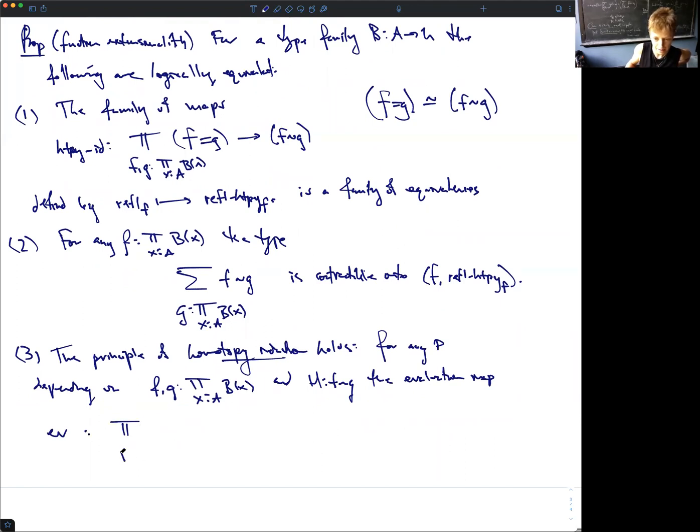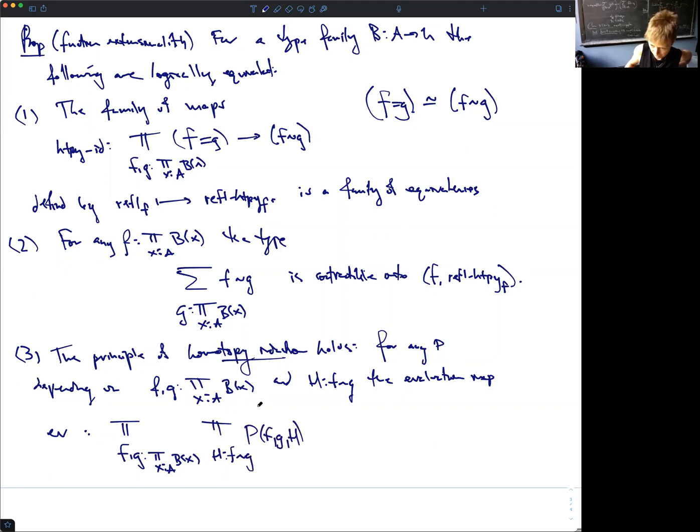So its domain is, again, a dependent function type, which is going to be a bit of a mess to write, unfortunately. P, F, X, H.